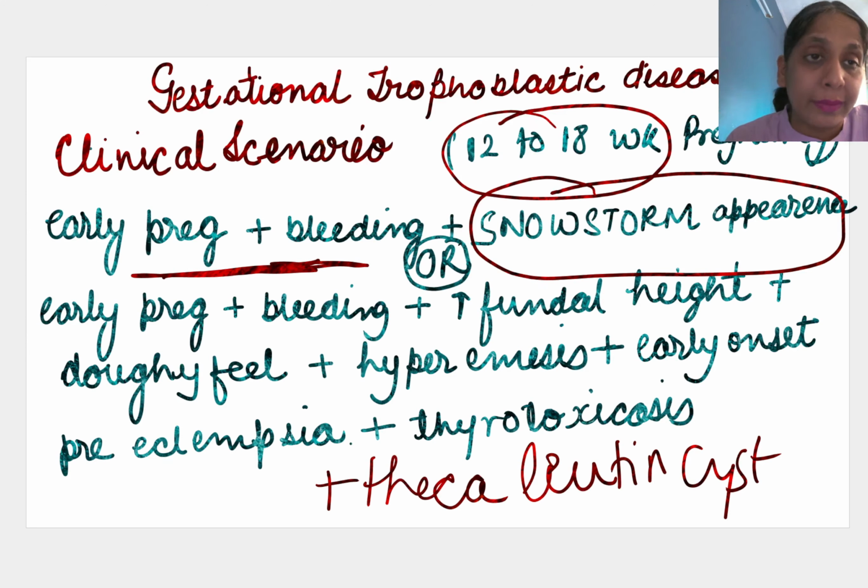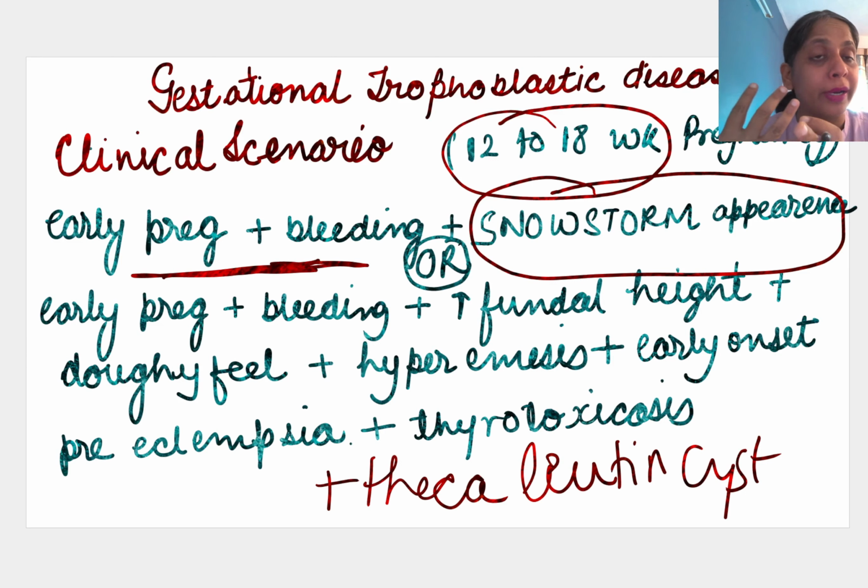And preeclampsia is there because some problem of trophoblasts is occurring, right? Now, as we studied in hypertension of pregnancy, the normal spiral arterioles get invaded by the extravillous trophoblast, and the tunica media is removed. Just like in preeclampsia, that will not happen and leads to vasospasm.